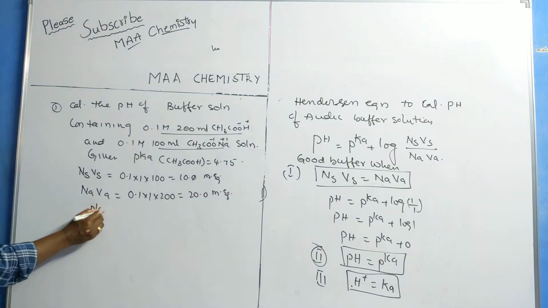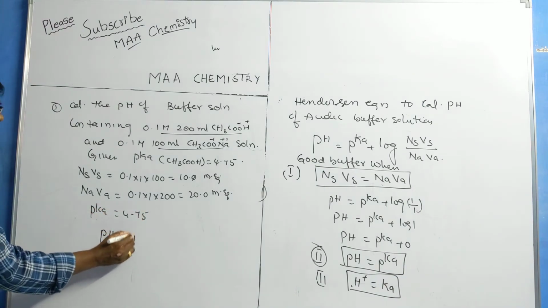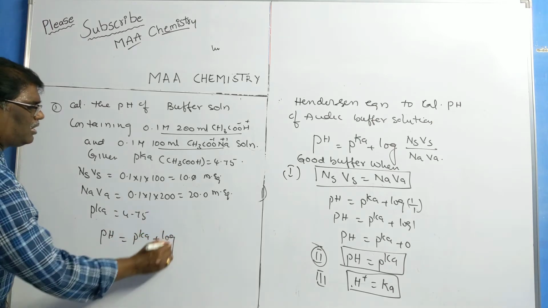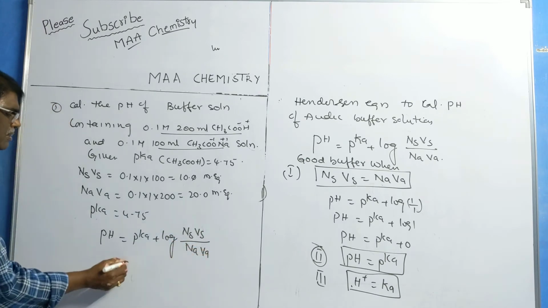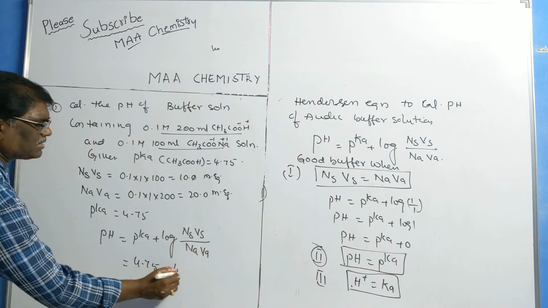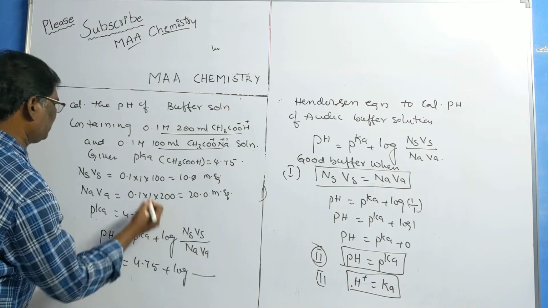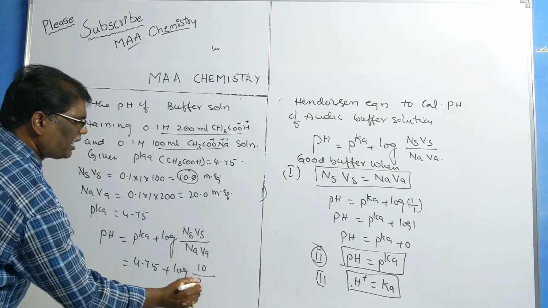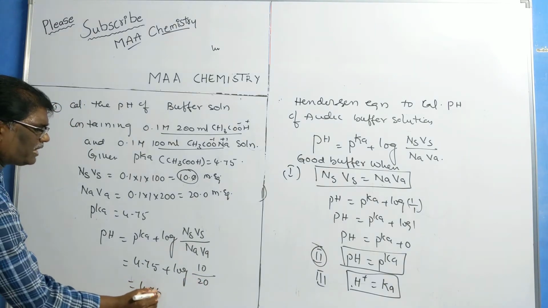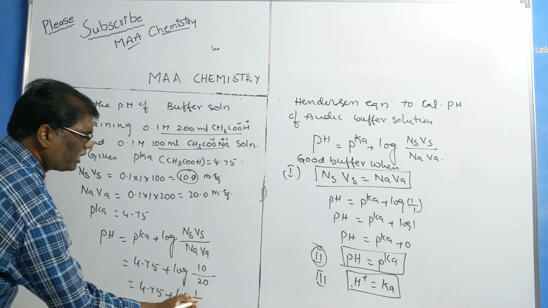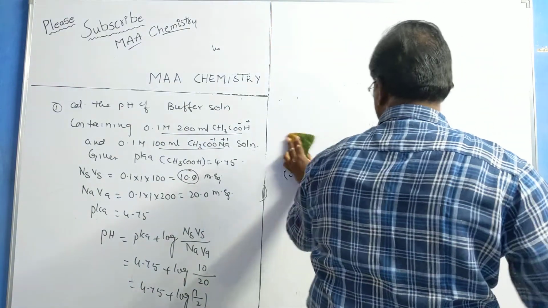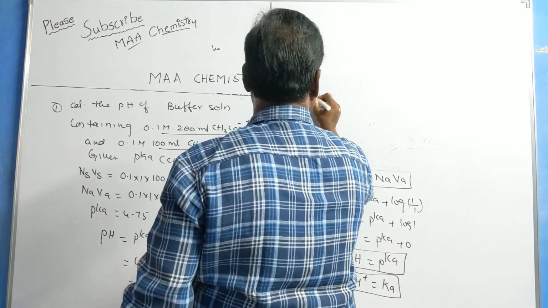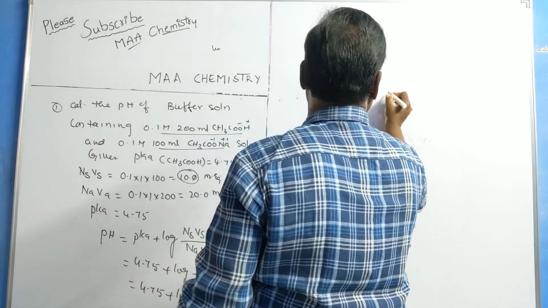Now what is the pKa value given? 4.75. Now what is the formula? pH is equal to pKa plus log of strength of salt by strength of acid. On simplification, 4.75 plus log of 10 by 20, which is 4.75 plus log 1 by 2. Log m by n can be written as log m minus log n.